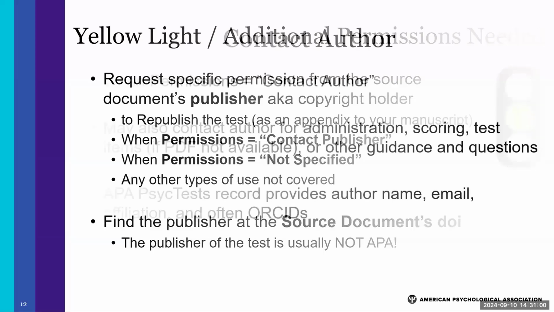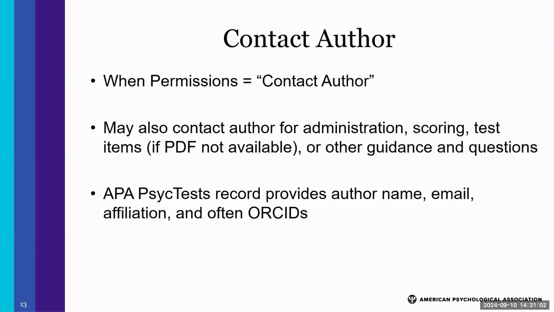We'll also briefly touch on the second most common permission statement, which is contact author. As we saw, there's a lot of information about the main author and the additional authors, how you can contact them, affiliation. So if permissions say contact author, you'll need to do that before you do any greenlight activities. You may also want to contact the author for reasons beyond permission.